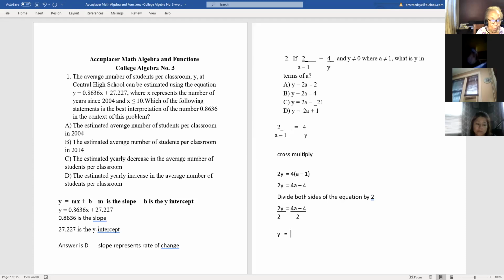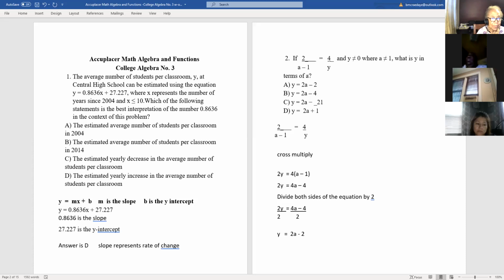2a minus 2. Yeah, 4a divided by 2 is 2a, and minus 4 divided by 2 is minus 2.